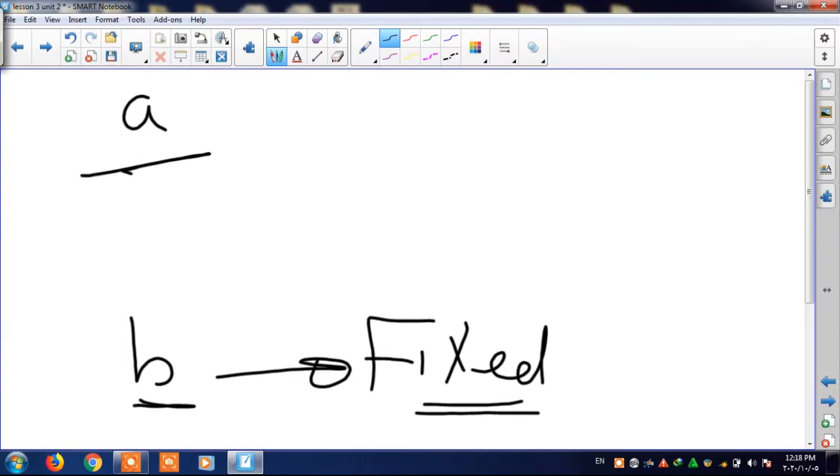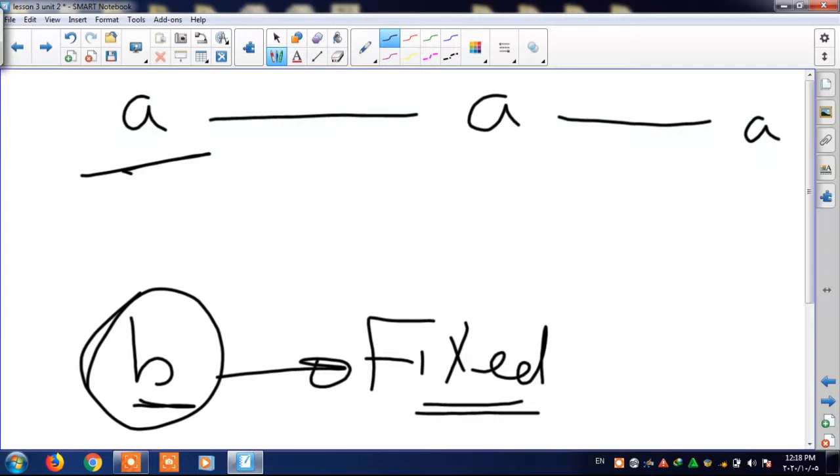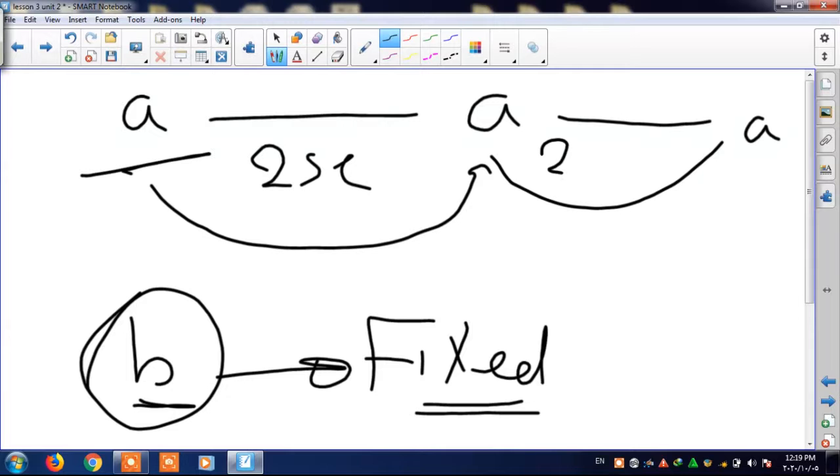A is a movable object that can change its position from time to time. So object B observes that object A changes its position after 2 seconds and also changes its position after 2 seconds. So object A is in a state of motion.